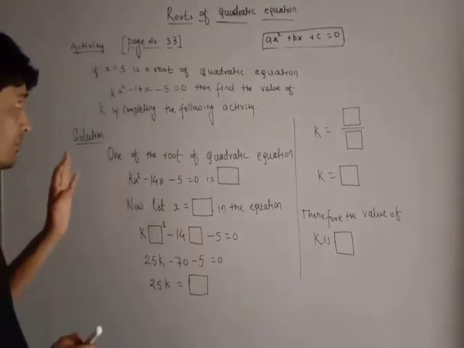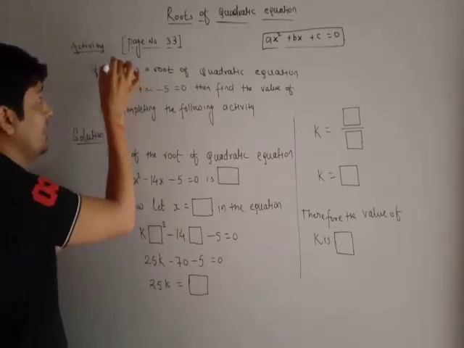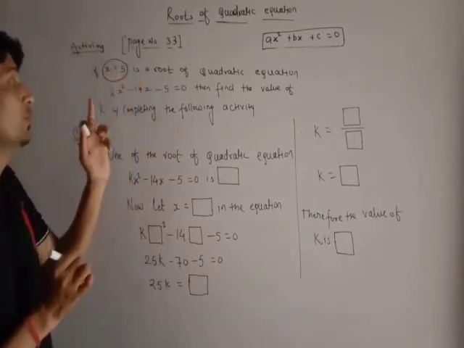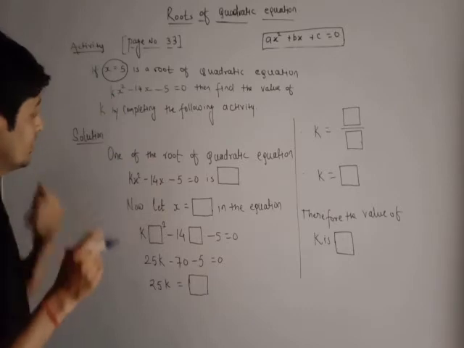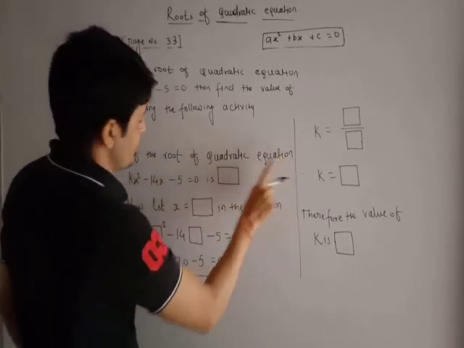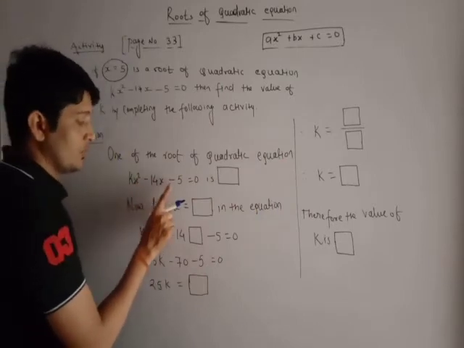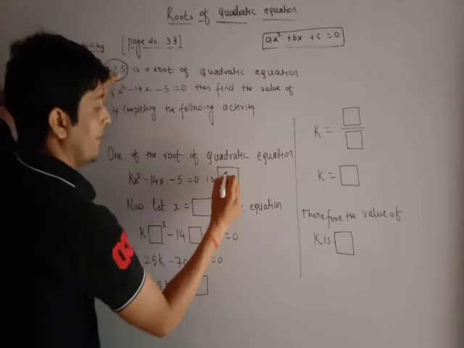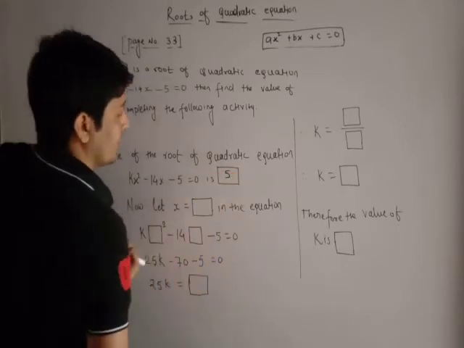It is given that x equals to 5, that means 5 is one of the roots of the quadratic equation kx square minus 14x minus 5. So we have to write 5 here.